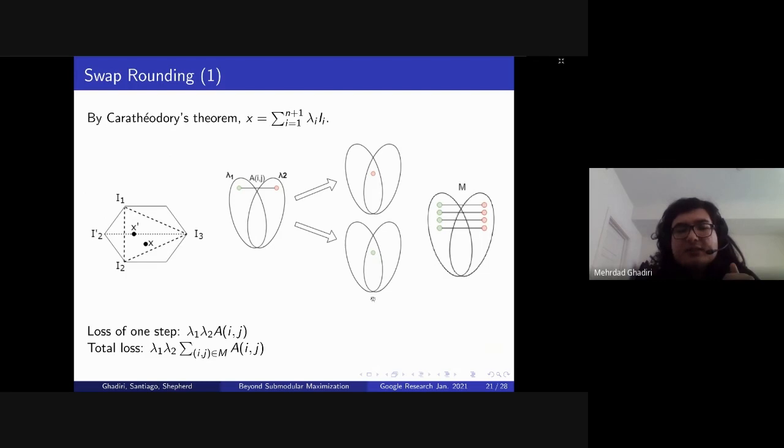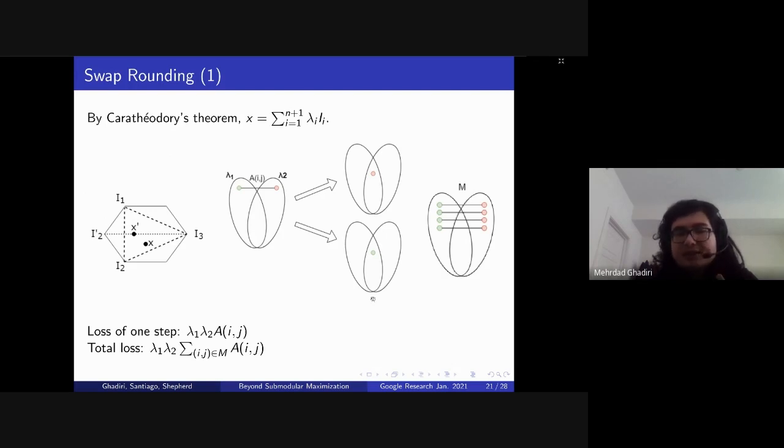And we show that the loss of doing this for one step, let's say in the first step I do this for i and j, like element i in I1 minus I2 and element j in I2 minus I1, is lambda 1 times lambda 2 times a of i and j.